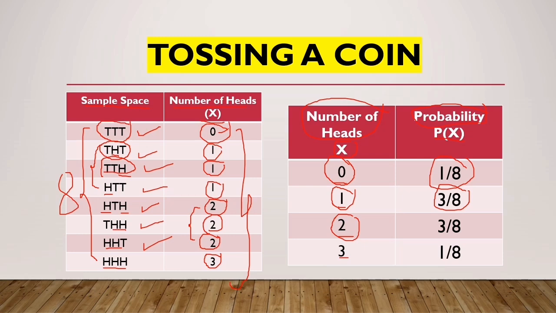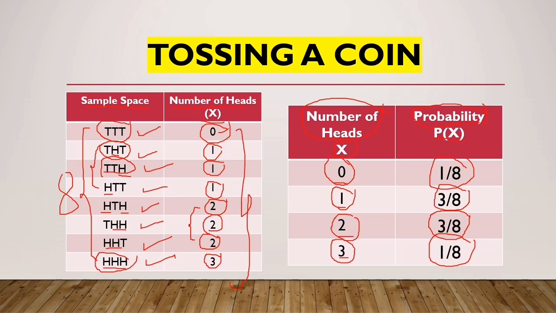That is why the probability of getting 2 heads from tossing 3 coins is 3 out of 8, or 3/8. And the last one is, what is the probability of getting 3 heads when you toss a coin 3 times? We only have one outcome, which is represented by HHH. So we only have a 1 out of 8 probability that the number of heads is 3. That's why we have here 1/8.